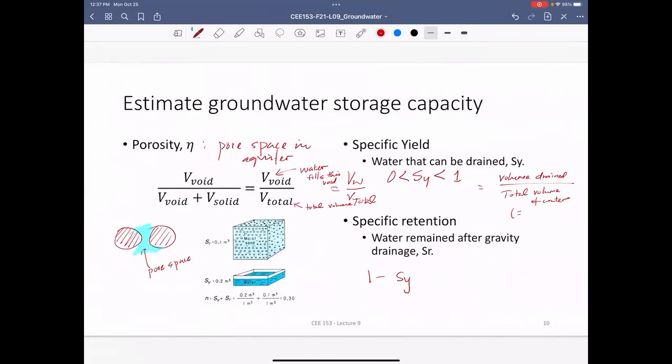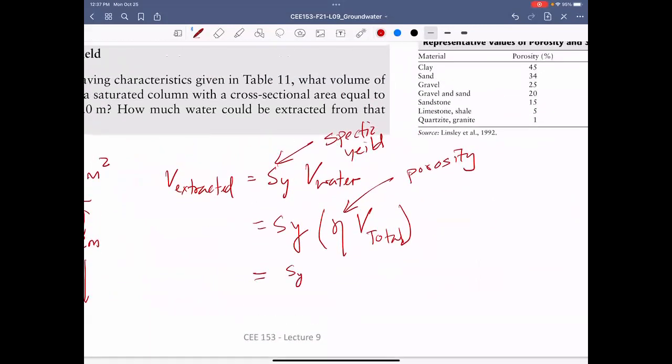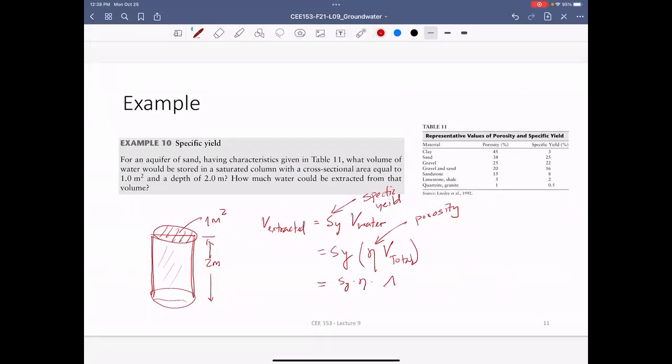Assuming the void space is filled with water, because you can't put water in other places, the volume of water is porosity times total volume. So Sy times porosity times total volume, where the total volume is basically the surface area times the height or depth.